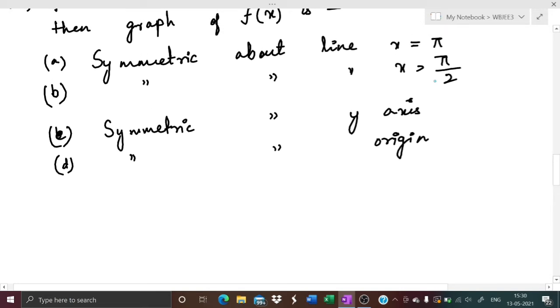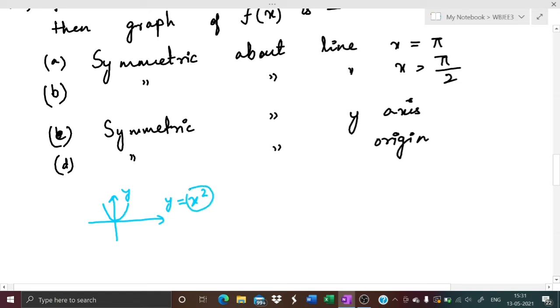Now when a graph is symmetric about the y-axis, what happens? If your graph is symmetric about the y-axis, that means the function will give the same values for negative x as well as positive x. Basically, when your graph is of the form y equals x square, that means a square term is here.